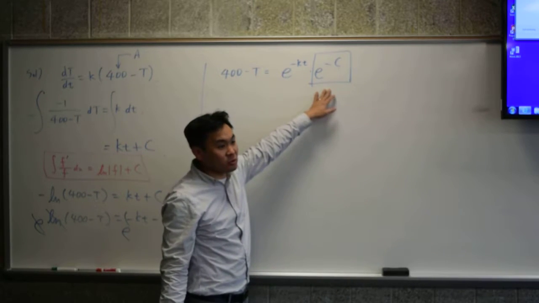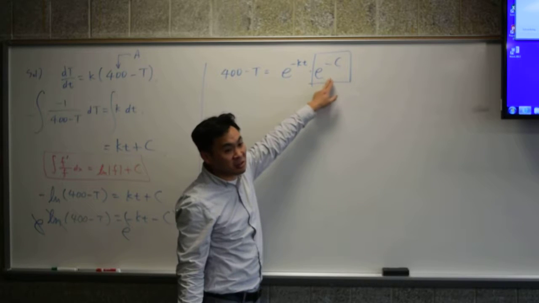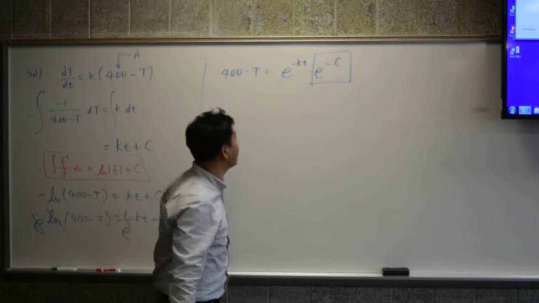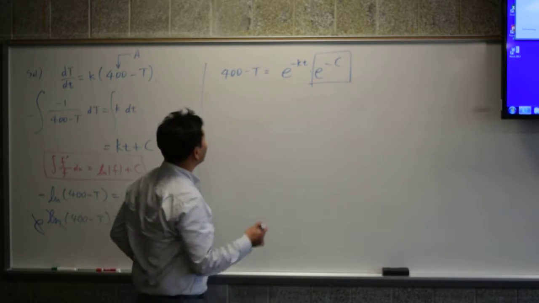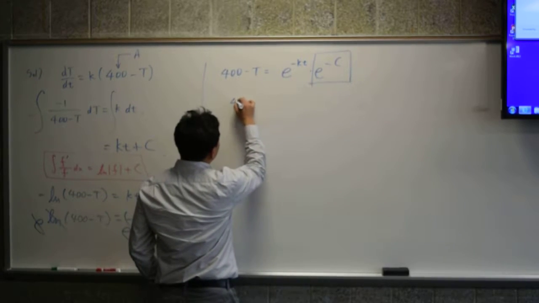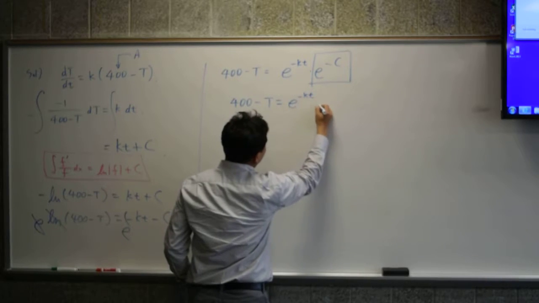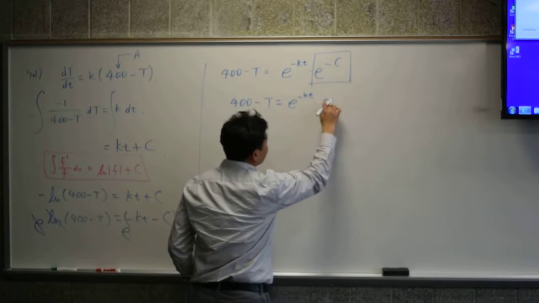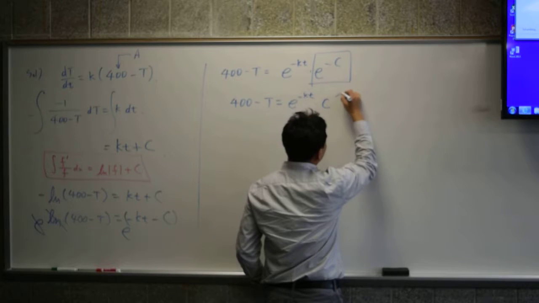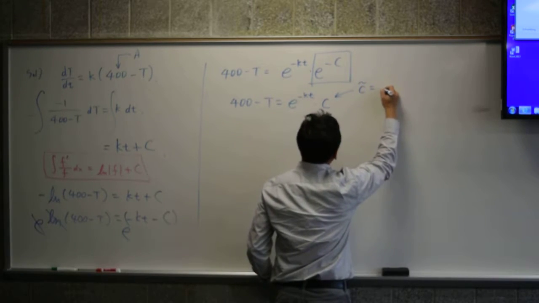So we're going to use that trick of rewriting this as some constant c tilde. That makes calculation a lot easier. So we have 400 minus t equals e to the negative kt times c, where this c is really c tilde, which is e to the negative c.